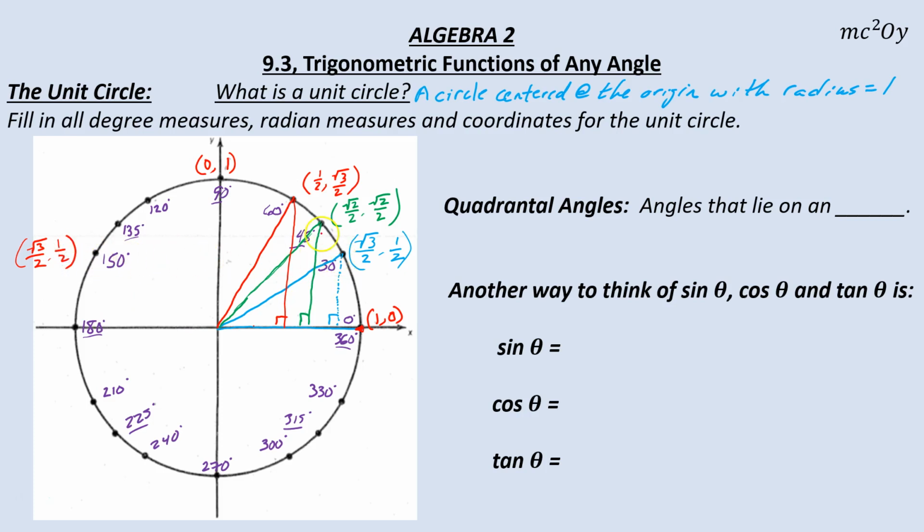This point just reflects over here. This is root 2 over 2, root 2 over 2. This one reflects over. This is 1/2, root 3 over 2. Okay, and that one just reflects over, 1, 0.